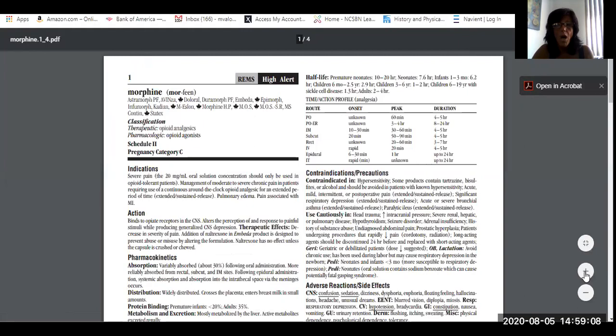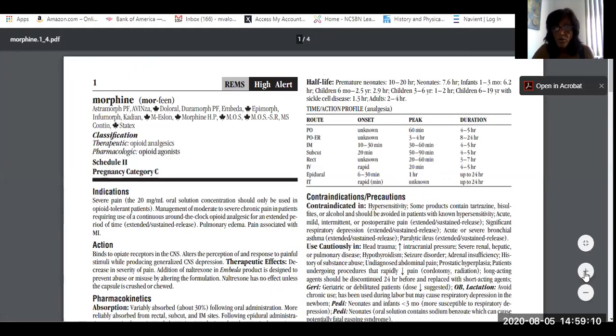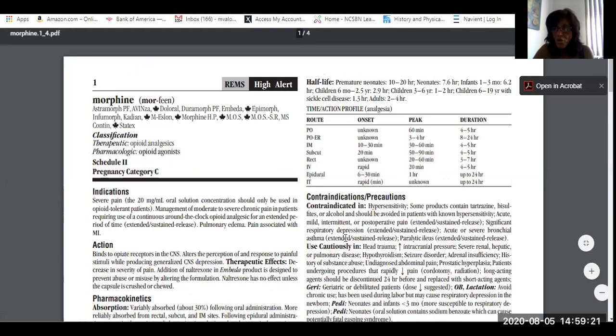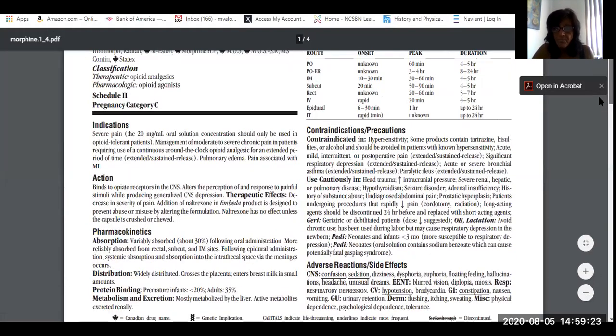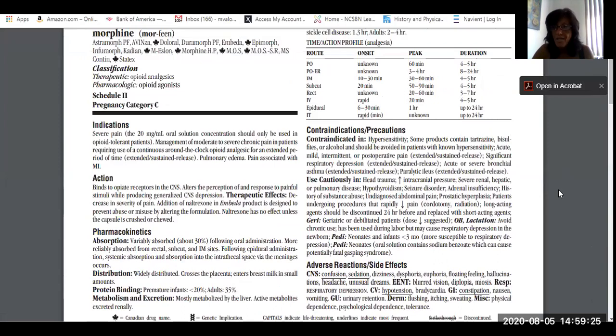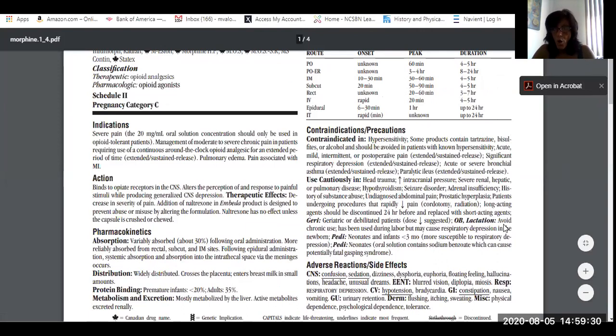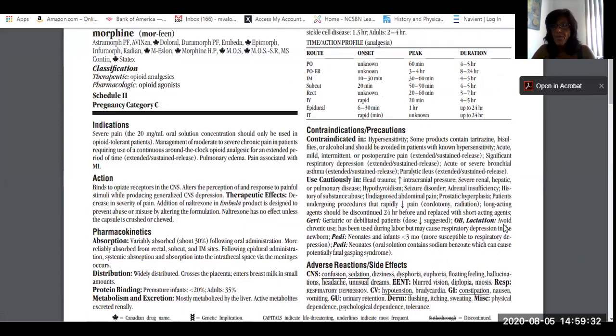Now, based on what I lectured on, when you look at this, you go, all right, it's used for severe pain. I already talked about that. Don't worry about the action or the pharmacokinetics, right? We're not concerned with those things. Contraindications and precautions, okay? Look at all of that. Can you know all of that? You cannot. But the things that I talked about, right?